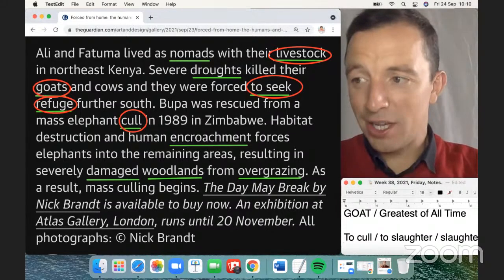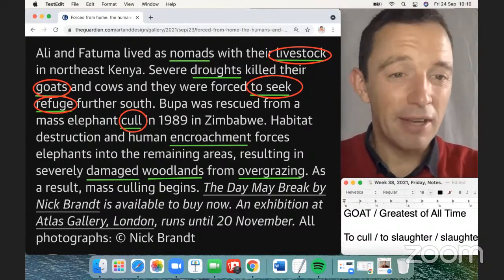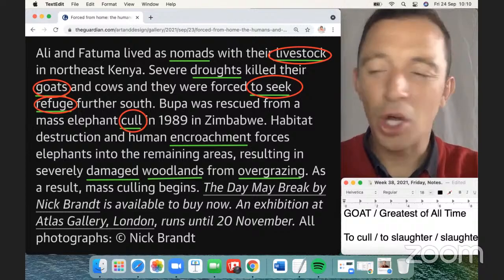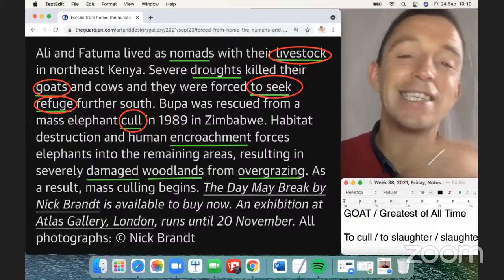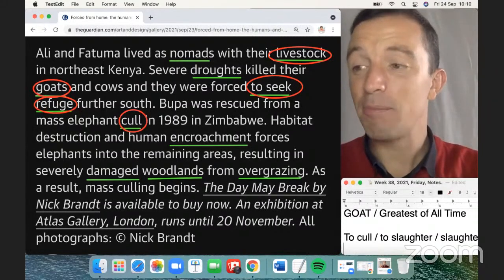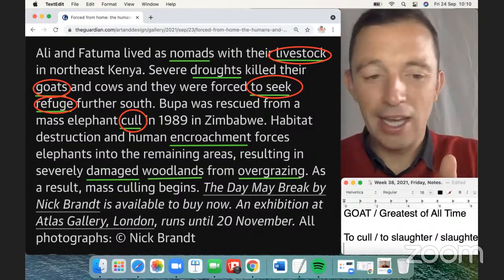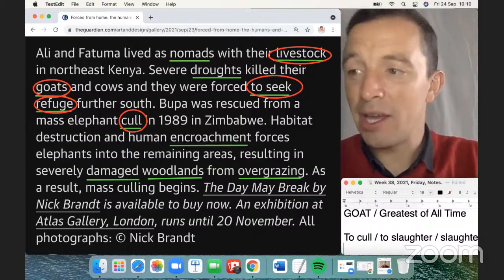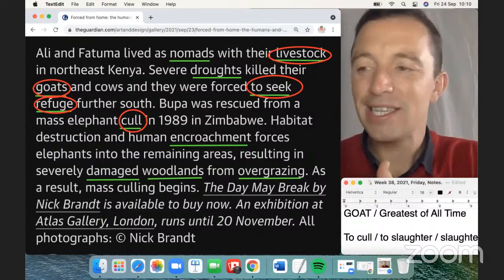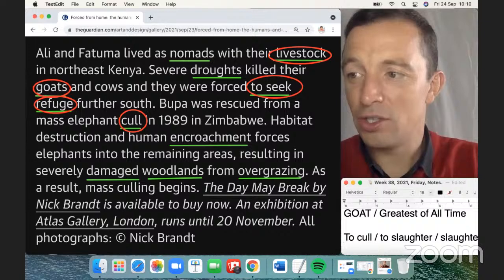So to cull is very, very similar, but it's specific for animals. In a selection process, for example, sports, academics, if there's a selection process and you survive the cull, the significance is you continue to participate.